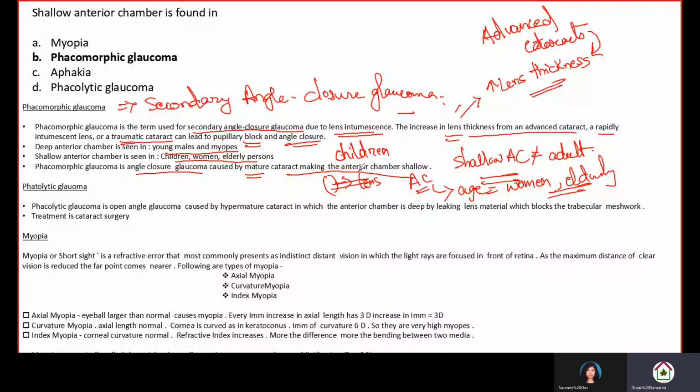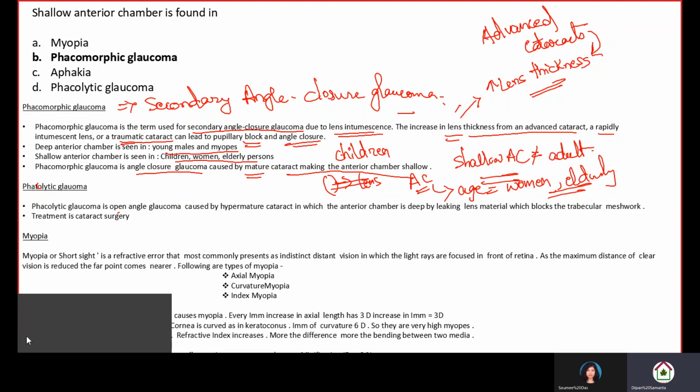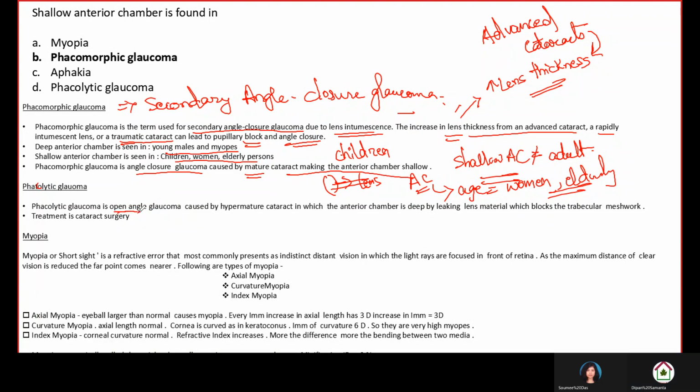Okay, next is phacolytic glaucoma. This is not phacolysis. Phacolytic glaucoma is an open angle glaucoma, caused by hypermature cataract, in which the anterior chamber is deep, by leaking of the lens.